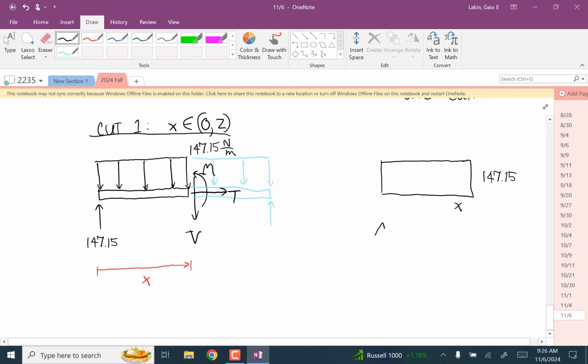And so the magnitude of this point force, we're just calculating the area of this rectangle, is 147.15x. And the centroid of this shape, we only care about the x location of it because it's a downward force, so we can move it along its line of action up or down anywhere. This is x over 2.